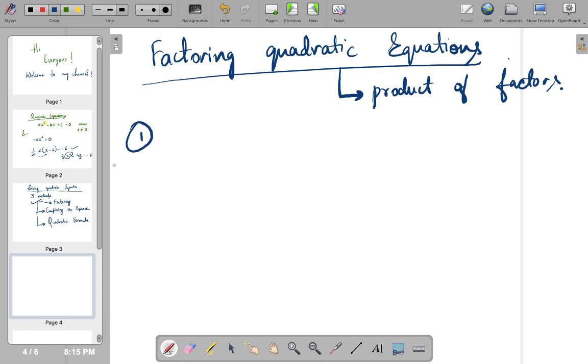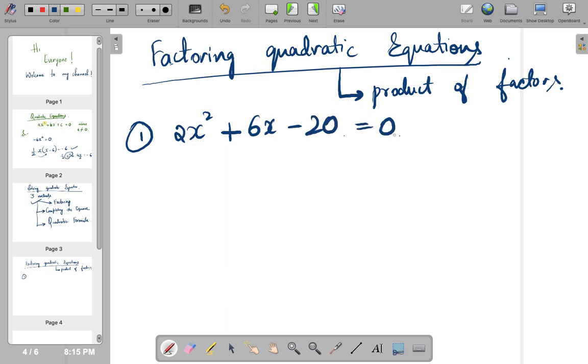Let's move on to the first question. Let's assume 2x square plus 6x minus 20 equal to 0. I told you this should always be of the form ax square plus bx plus c equal to 0, right? Step 1 is factors.